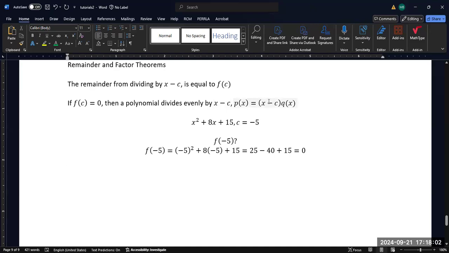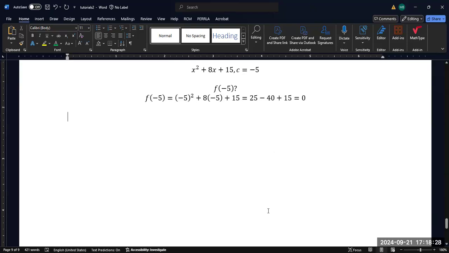Then I should be able to do the division, get 0 remainder, and write my function as x plus 5, because x minus negative 5 would be x plus 5, and some polynomial that divides out evenly. So let's try this. I'm going to draw it out by hand because the notation for doing this manually is quite a pain.